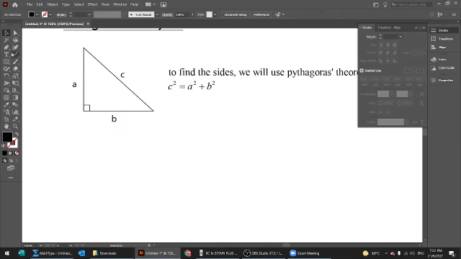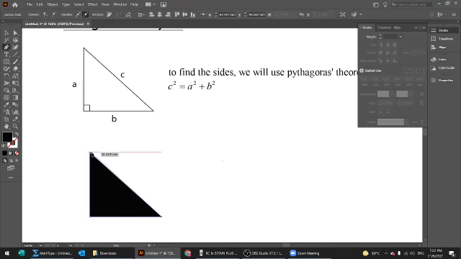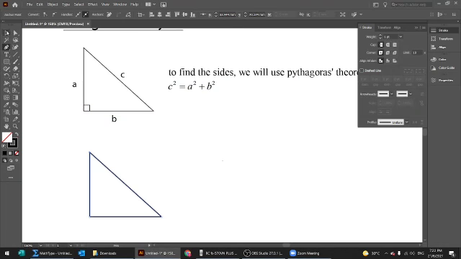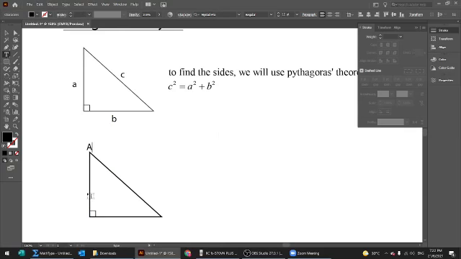Then we also learned that in a triangle, say it has a 90 degree angle here, with points A, B and C, and you know this angle is 40 degrees. What is this angle x?